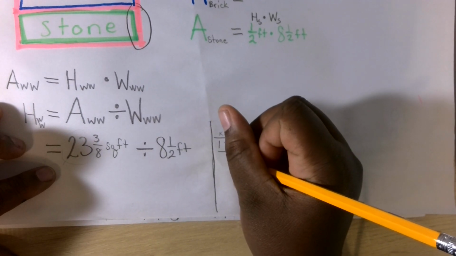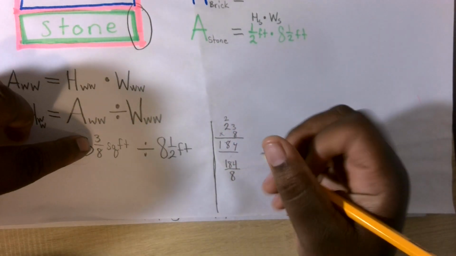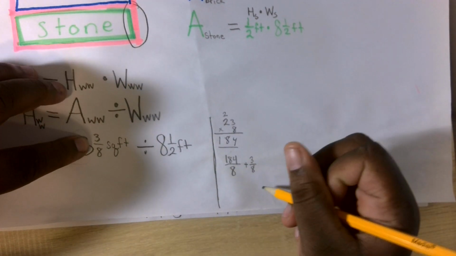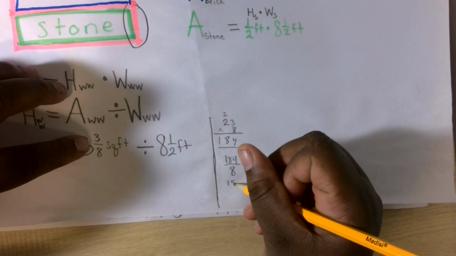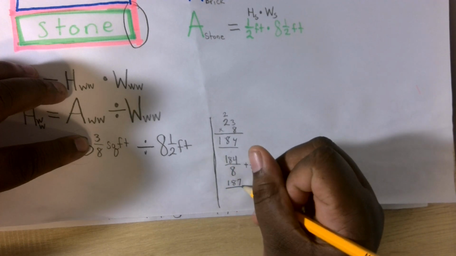184 eighths plus the 3 eighths that I already had gives me 187 eighths.